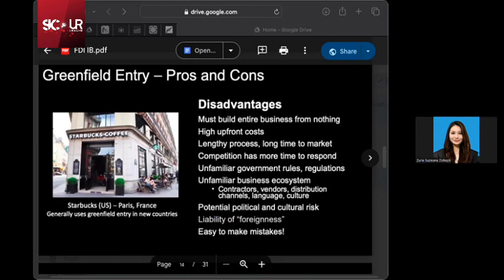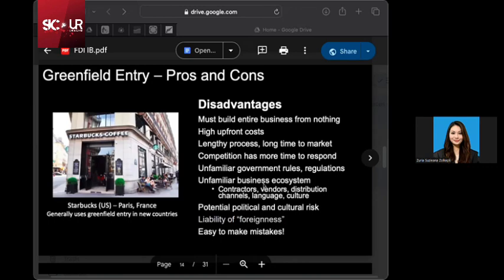Okay, and then however, this is very costly for greenfield. It's very costly, and then slow to market. It can be unfamiliar with the business ecosystem, but this is very good because it shows your commitment, long-term commitment.